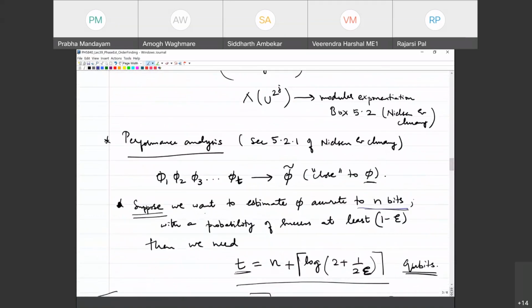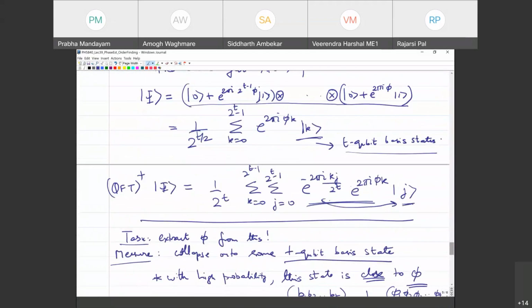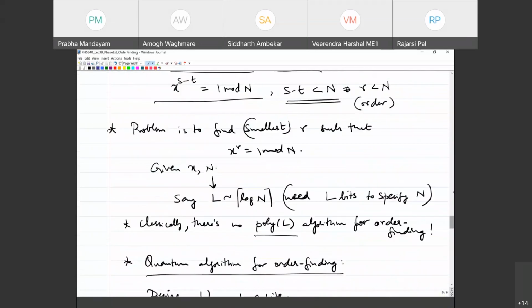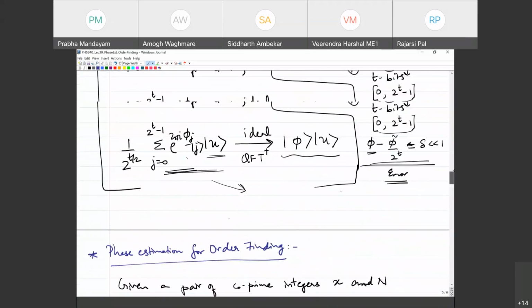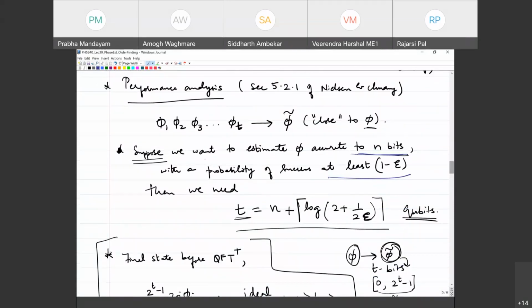That means that this error is bounded by something between 0 and 1 over 2 to the n, right? That's what it means to say that it is accurate to n bits. And you have a probability. The probability of success will be determined by these amplitudes. So you have to do a bit of analysis of these amplitudes and put a bound on that, and that will bound the probability of success, right? So if you need a probability of success of 1 minus epsilon, or a probability of failure of epsilon, then you need t qubits where t goes as n plus log 1 over 2 epsilon, roughly.